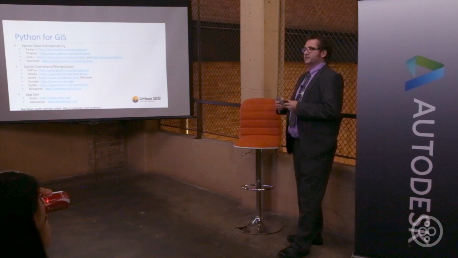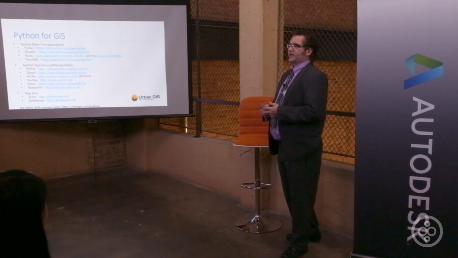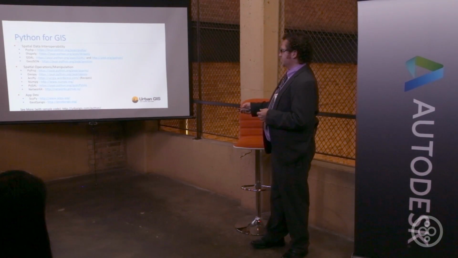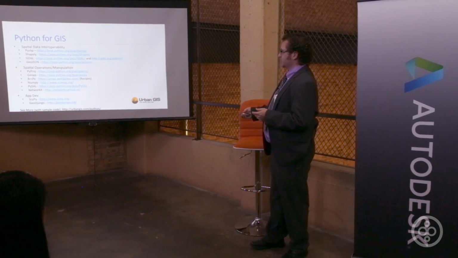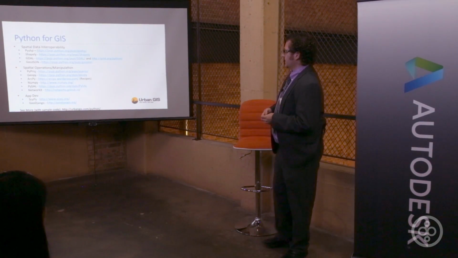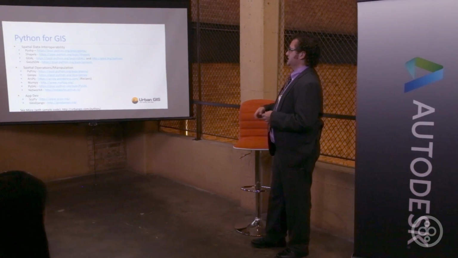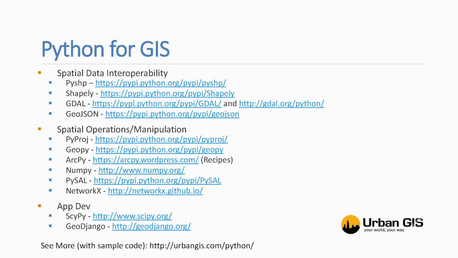And there's a huge volume of libraries that are available for us to interact with this data. This is just a short summary of some of the packages that I have used, but again, it is by no means comprehensive. All of this is available with some sample code at the website there. But I'm just going to cover a few of these, and then I'll provide some examples of how I've used these packages to work with GIS data.